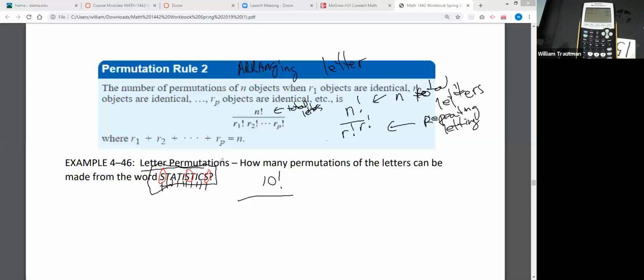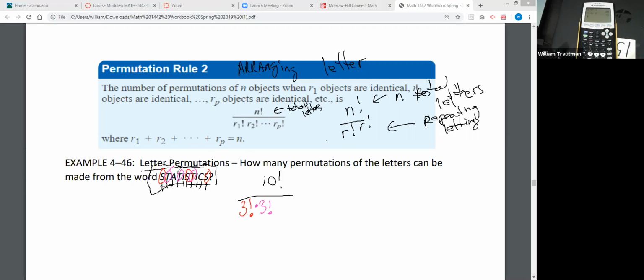We have 3 S's, so we put 3 factorial down here. The T's: 1, 2, 3 T's. So we put 3 factorial down here, and we're going to multiply them, by the way.